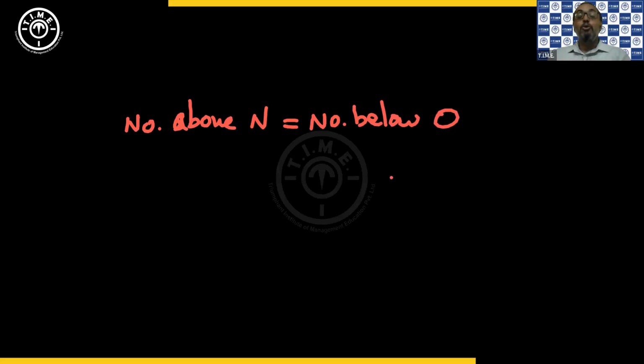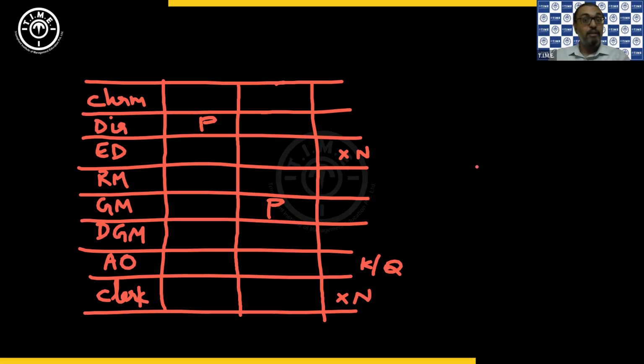Senior means above. So number above N is same as number junior, junior means below O. So N and O have to occupy such positions in the table that are same from opposite ends. Means if N occupies chairman, first from the top, then O should occupy clerk, first from the bottom. That's the understanding. Are you following the point here?